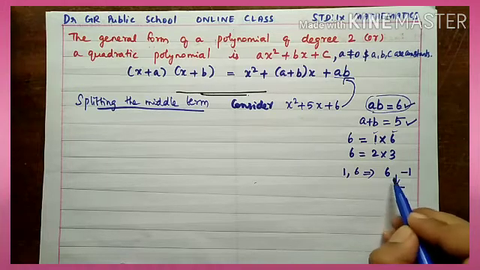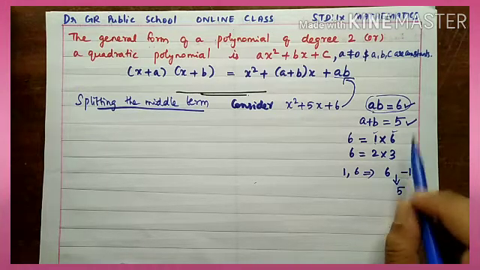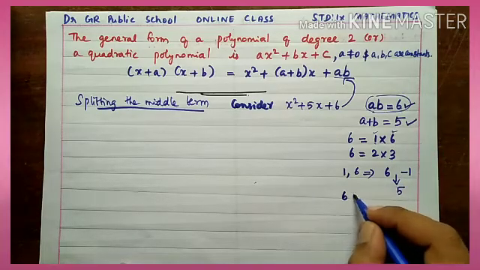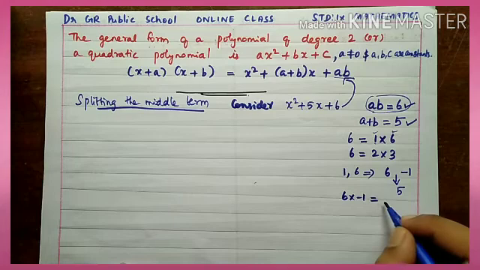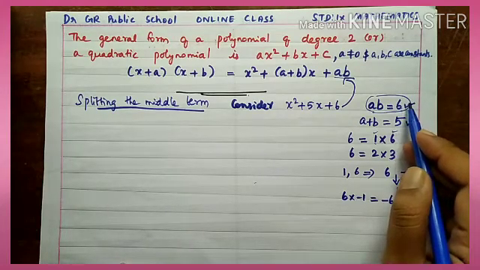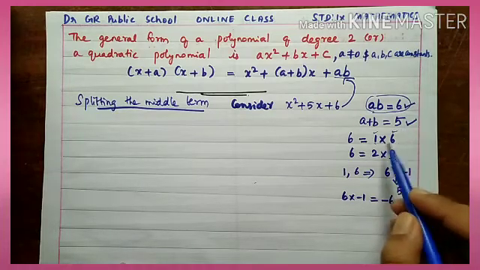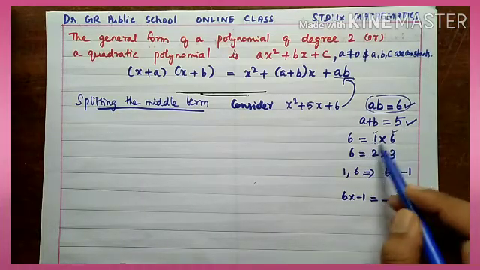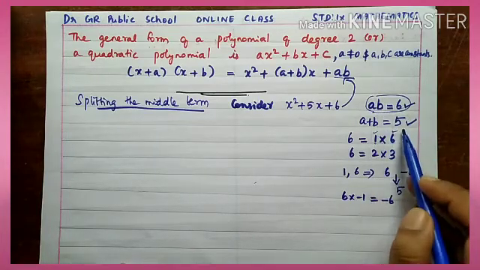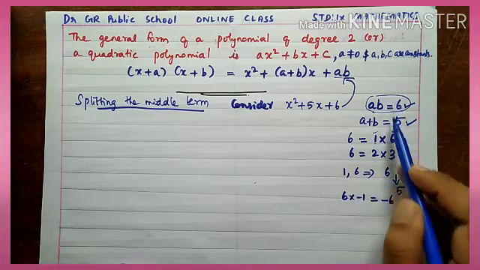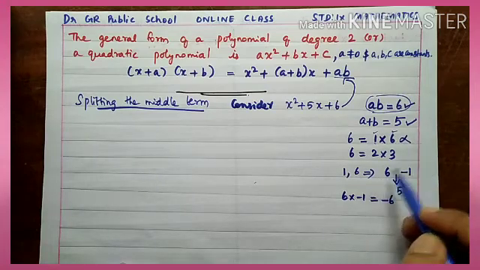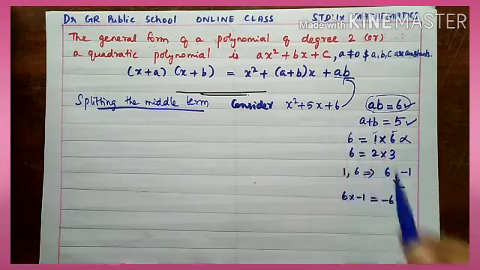But at the same time, these two numbers must form the product 6 also. Correct? But when you multiply 6 and minus 1, what happens? Your product is minus 6, but our product is plus 6. Understand? So you want to select the two numbers properly so that the product and the sum come without any disturbance in the sign of the numbers. So this is not possible. We cannot consider these two factors in this problem.